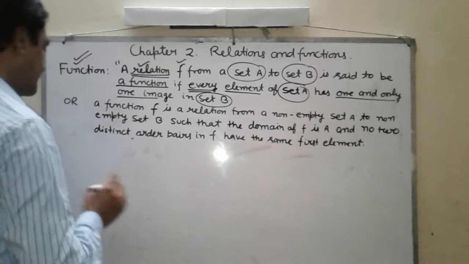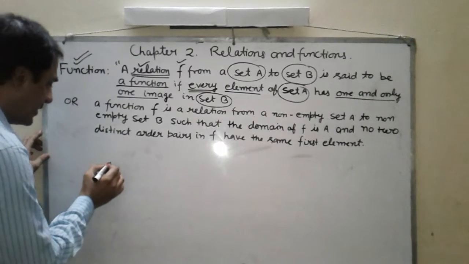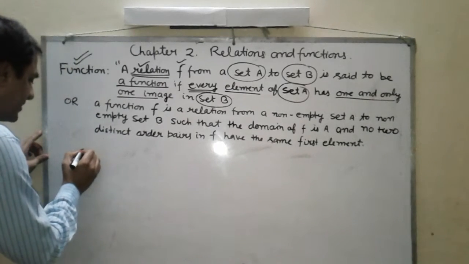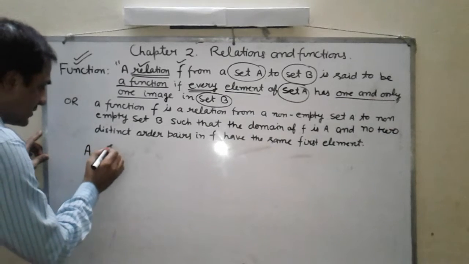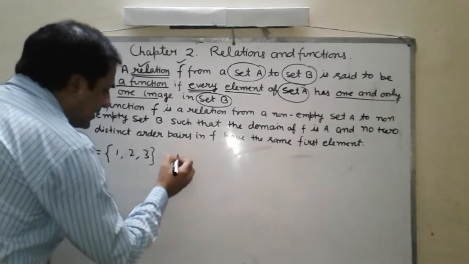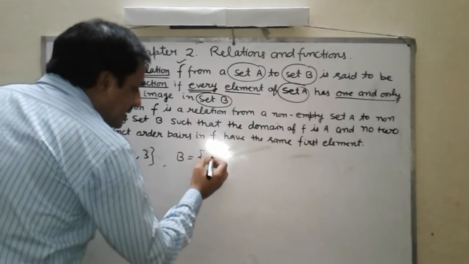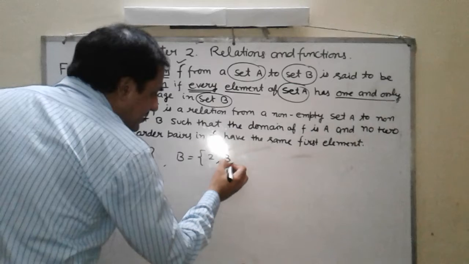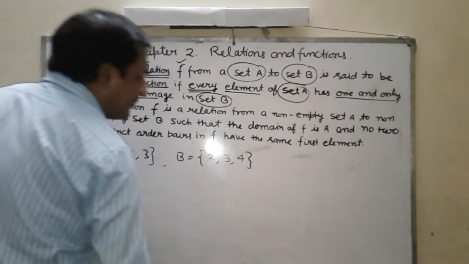For example, if a set A has three elements 1, 2, 3 and set B has three elements 2, 3 and 4.